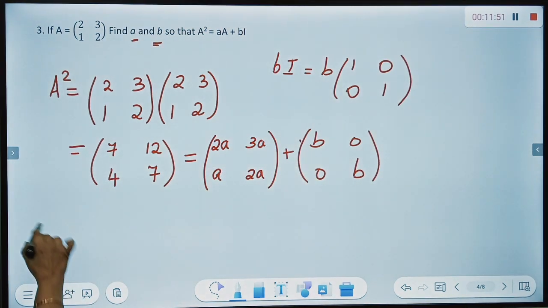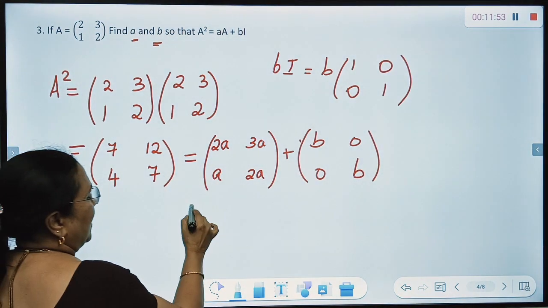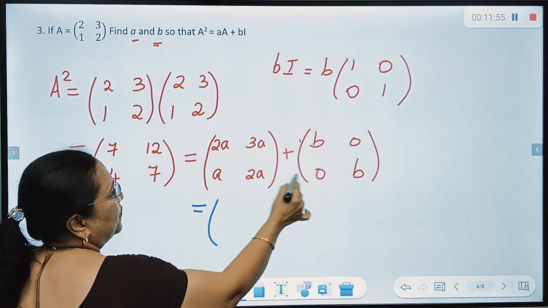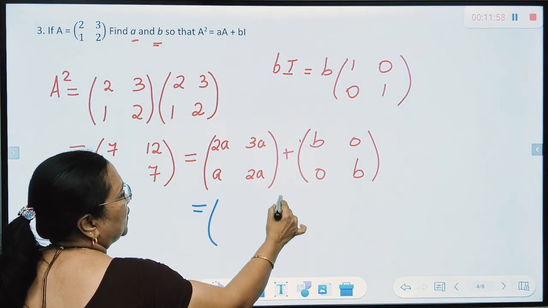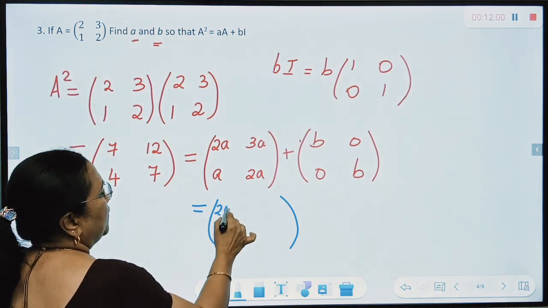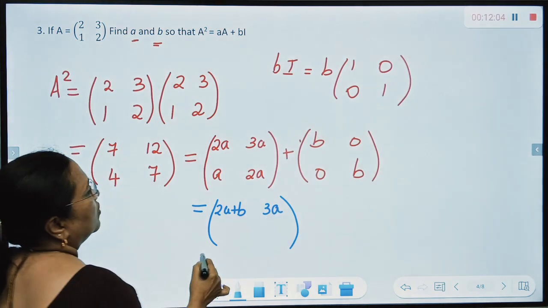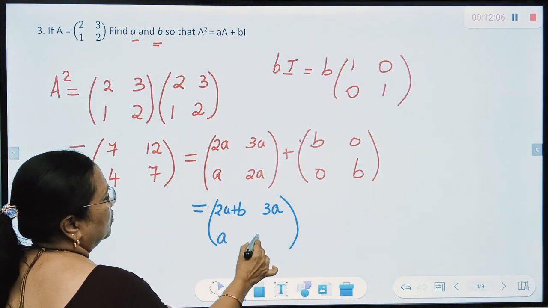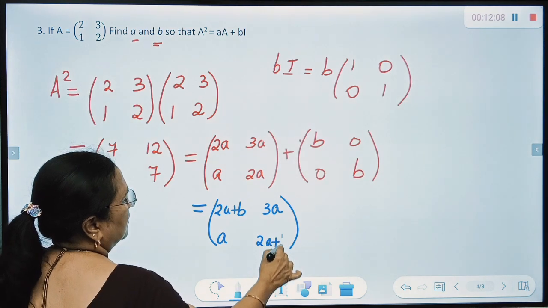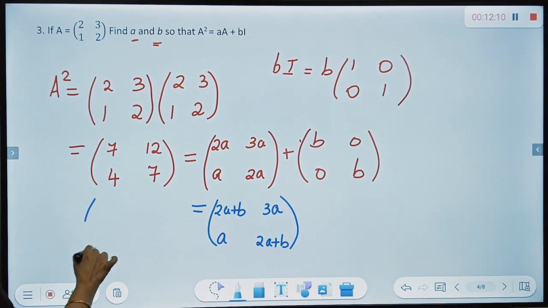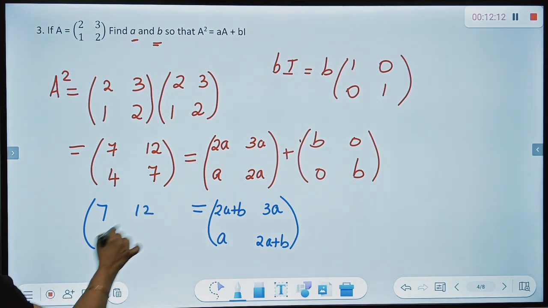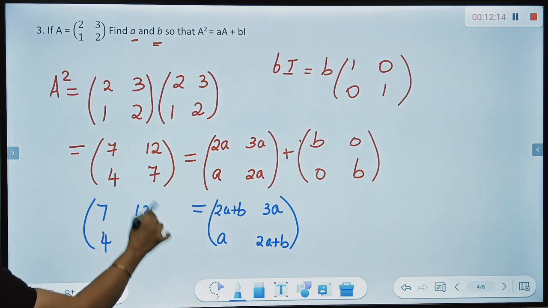Now again simplify these two matrices by adding them. What will you get? 2a plus b, 3a plus 0, a plus 0, 2a plus b. And this is equal to 7, 12, 4, 7.